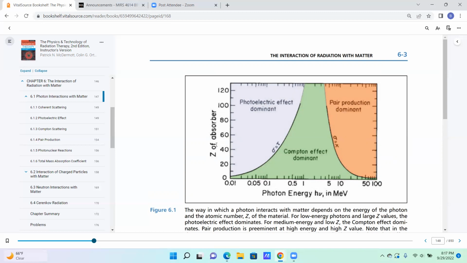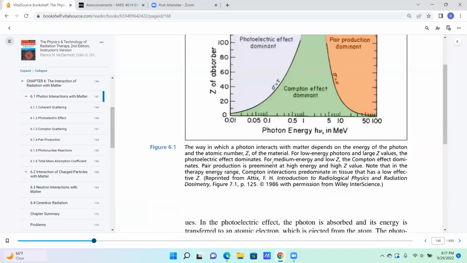Well, the reason we don't is because the atomic number of the absorber in many of these cases is still going to be within the Compton effect, because for the human body, which acts a lot like water, you're looking at an atomic number roughly around 7. So you're still going to be seeing a lot of the Compton effect still go on.